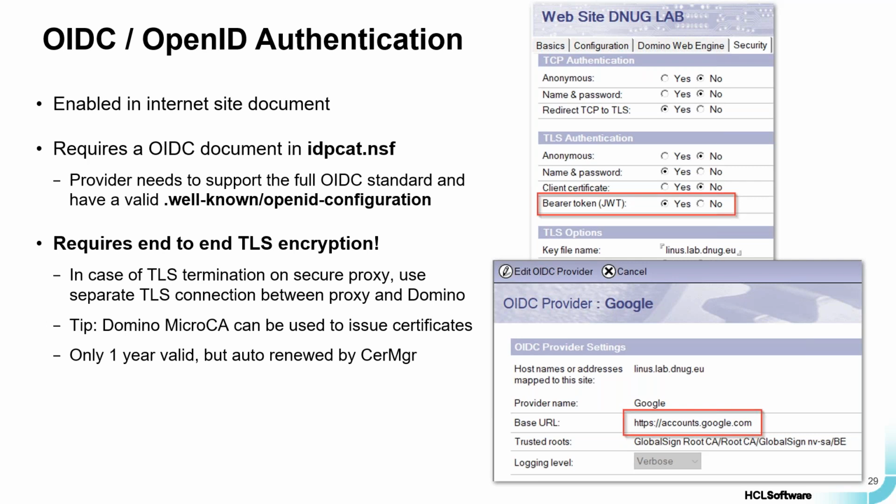One very important point that came up in the OpenNTF discussion: someone tried to get it working and they only had offloaded TLS on their Nginx server. You really need end-to-end encryption here. So you can use the MicroCA, for example, to create a certificate that will then lead to a second encryption between the Nginx server and your Domino server.